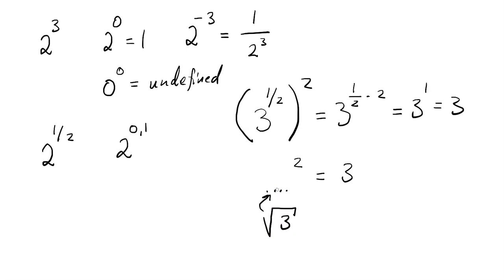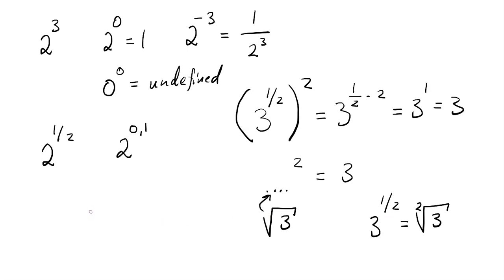Square root of 3 is the number you should put here to equal 3. So we see that if we want to have this consistent, then square root of 3 must be the same as 3 to the power of a half, because if we square both, we will get 3. So to make the rules consistent, we need to define this as square root of 3. Or if you like, since this is implicit, there's a 2 here.